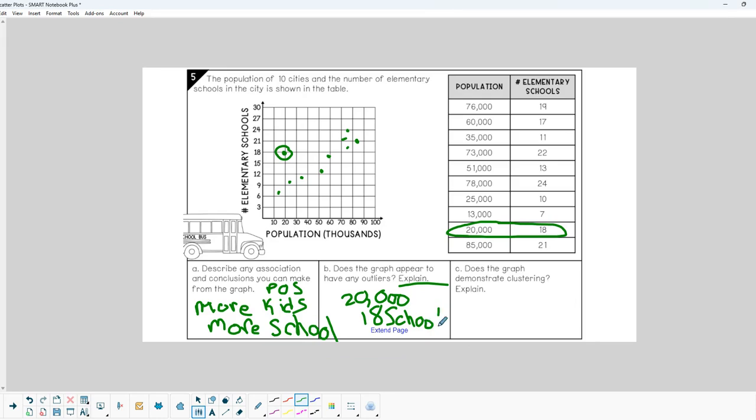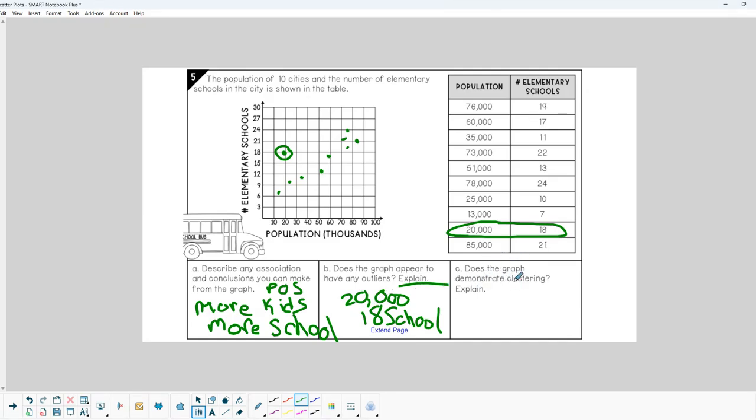Now keep in mind that's 20,000 people, so you're looking at 18 schools. That's approximately 1,000 people per school. But not all of those people are school-aged, right? There are a lot of adults there.